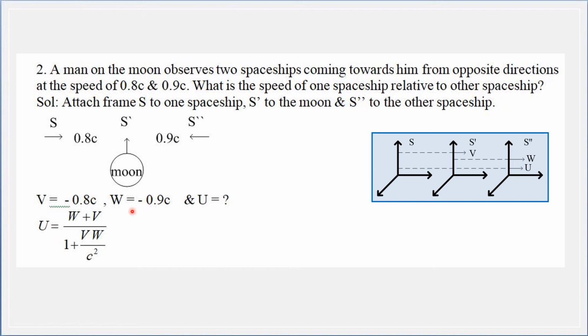So you have to take a minus sign and 0.9 c. Then u is the velocity with which the third frame is moving with respect to the first frame. And that's what we want: the speed of one spaceship relative to the other spaceship. That means the speed with which the frame S double dash is moving with respect to frame S. So you have to find out u. In this case, you substitute along with the minus sign and calculate that u.